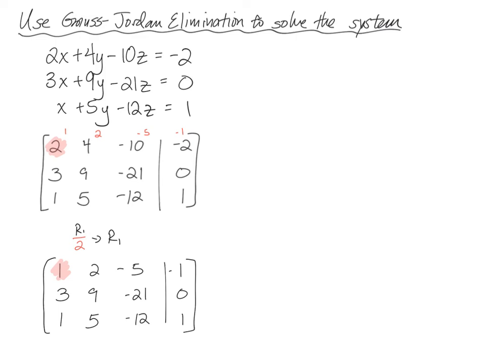That will require row 1 to be multiplied by something. We will add it to row 2, and then replace that new result in row 2. It's very simple to see that we will need to multiply row 1 by -3. And again, it's so simple because that 1 allows us to just use the opposite number here. So we can take 1 times -3, add it to +3, and that will give us the 0.